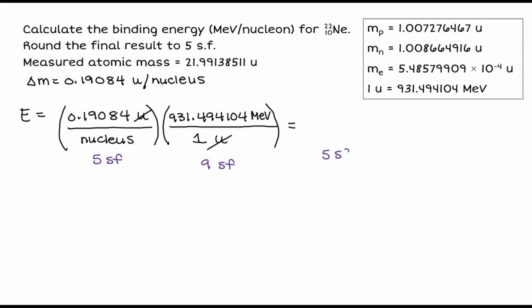So our binding energy at this point will end up having 5 sig figs. So doing the math, 0.19084 times 931.494104, rounded to 5 sig figs, gives us 177.77 units of MeV per nucleus.